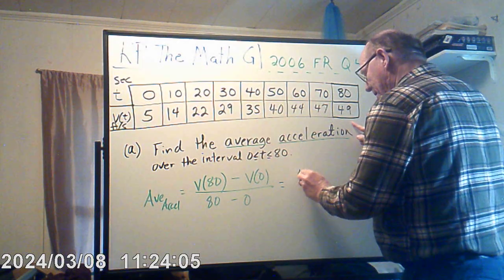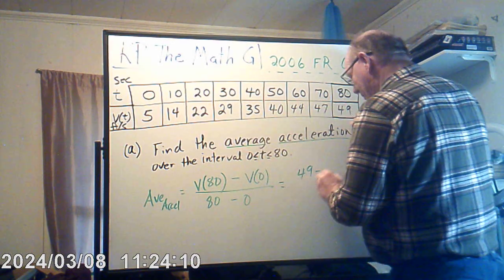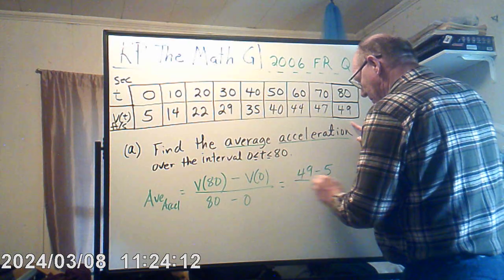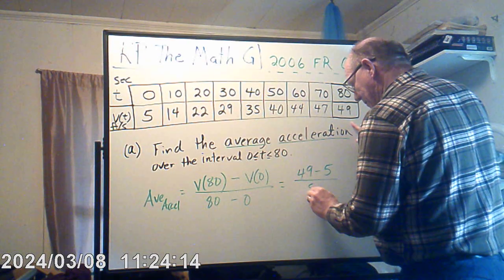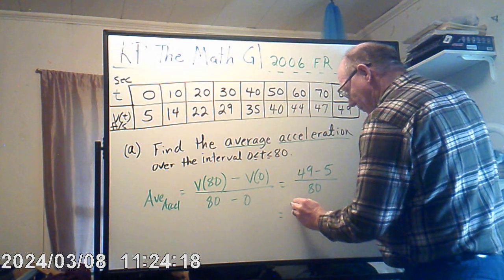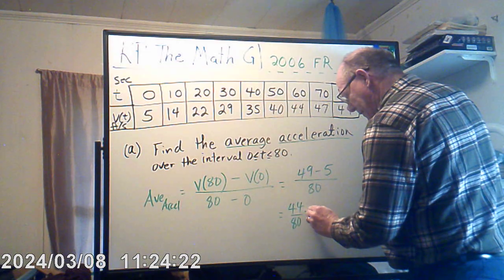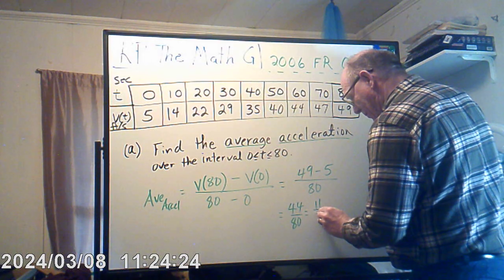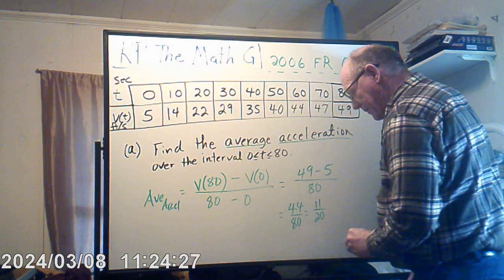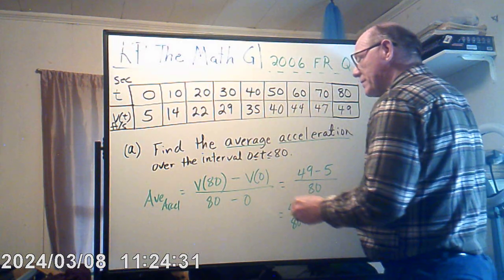It's 49. v at 0 is 5. 80 minus 0 is 80. 44 over 80, which is, I want to say, 11 over 20.